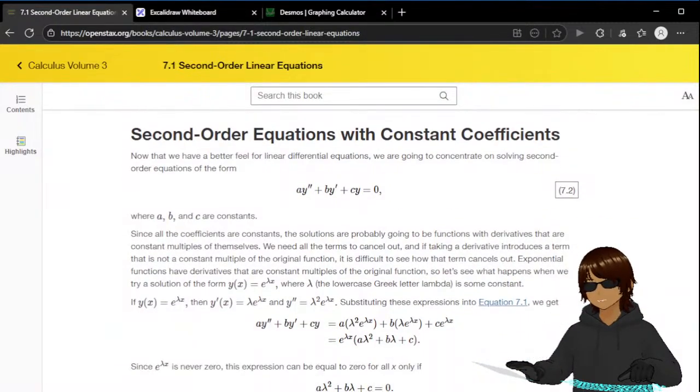Now that we have a better feel for linear differential equations, we are going to concentrate on solving second order equations of the form a y double prime plus b y prime plus cy is equal to 0. Since all coefficients are constants, the solutions are probably going to be functions with derivatives that are constant multiples of themselves.